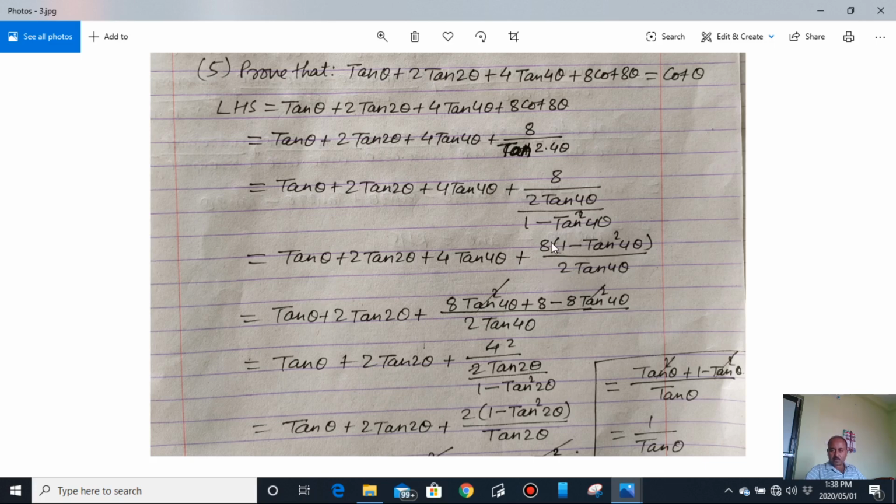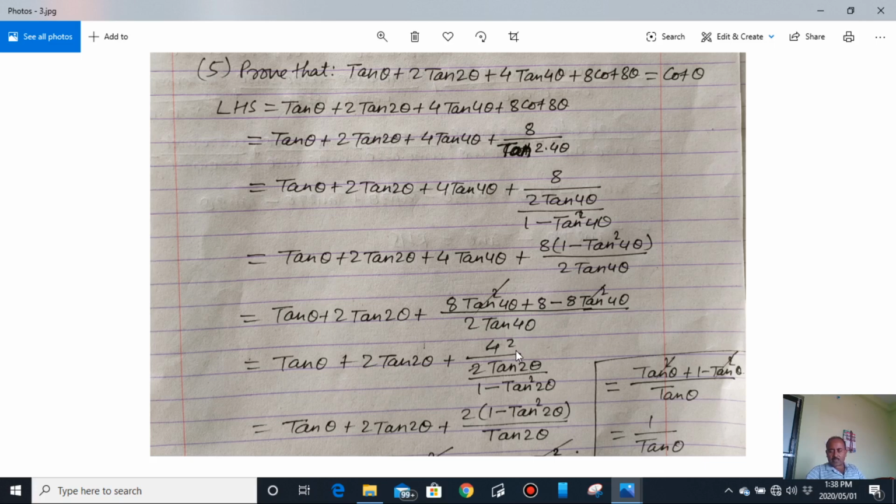Here, remove the bracket: 8 minus 8 tan square 4 theta. So this 8 tan square 4 theta got cancelled. You have 8 by 2 tan 4 theta. So you can reduce 2 into 4, and I have written 4 by tan 4 theta.